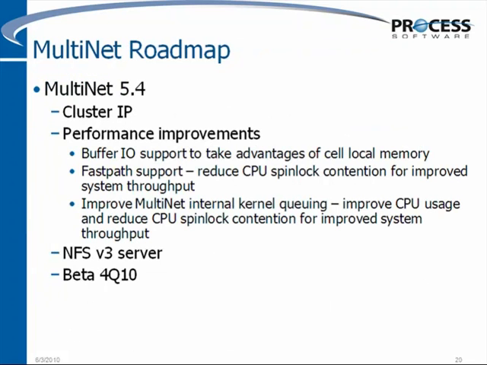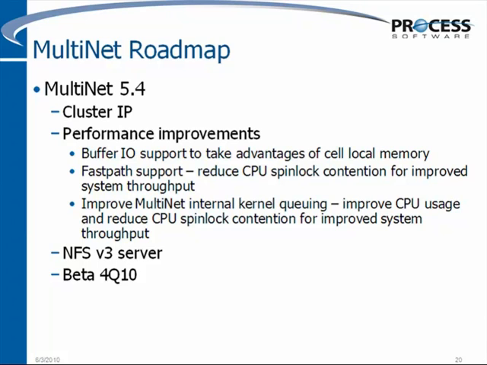We are currently working on developing Multinet 5.4, and we are looking to include the following functionality: IP clusters support for VMS 8.4. We're looking at performance improvements, changing from its current direct I/O model to a buffered I/O model, which will help it with Integrity systems, which will have a change to cell local memory support.